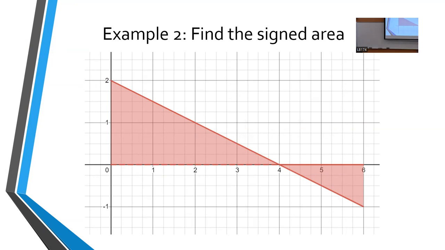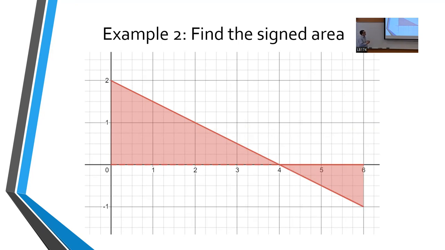In calculus, if you look at the line starting at the point (0, 2) and going all the way to the point (6, -1), that would be the line that we're looking at when eventually we'll take a definite integral. Okay, we'll take the definite integral of that line.